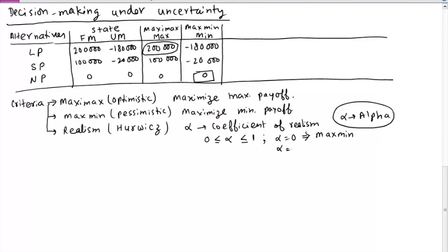And when alpha is 1, it means maximax, which is a special case where it becomes the optimistic criteria. In reality, based on this criteria, the value of alpha will be somewhere in between those two. Using that, we can calculate what is called a weighted average.